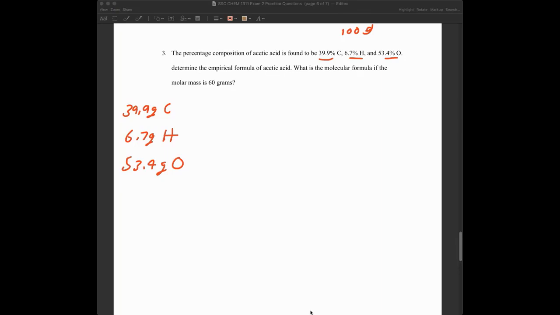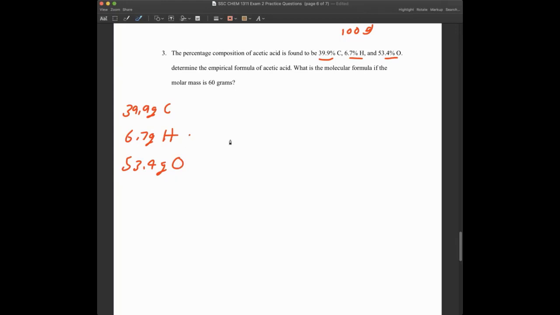Yeah, perfect, moles. Because moles are the basic unit of comparison. We can't compare these grams by themselves, right? We have to change it into moles. So what number do we have to divide by, the molar mass of each element, to convert each element to moles?